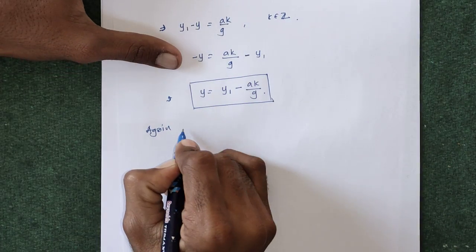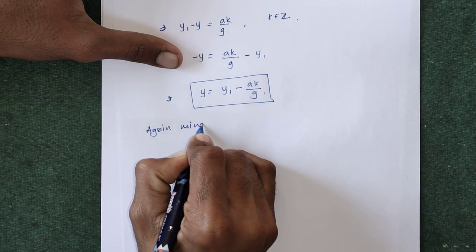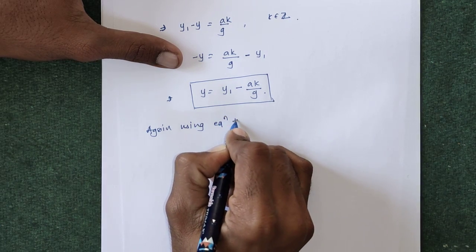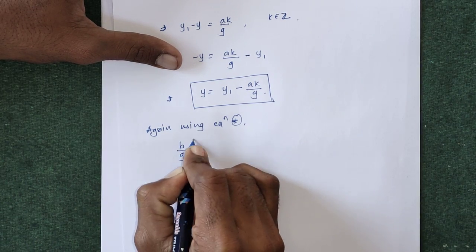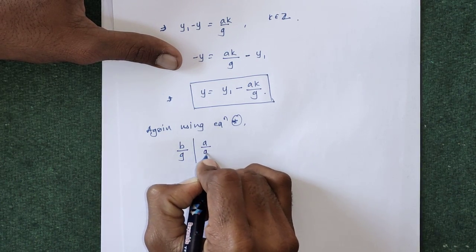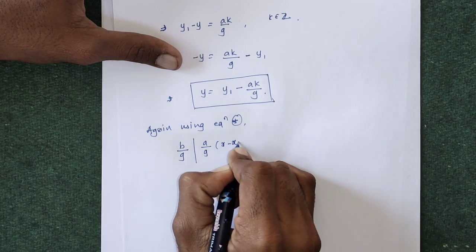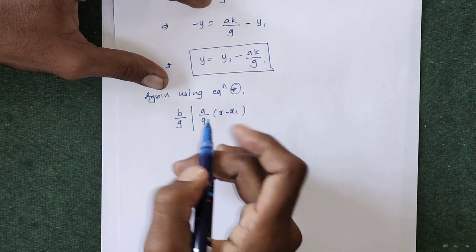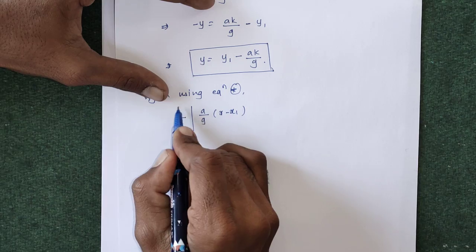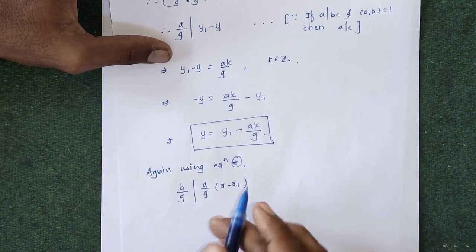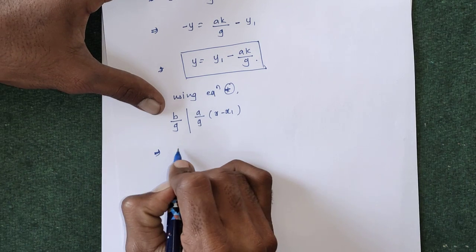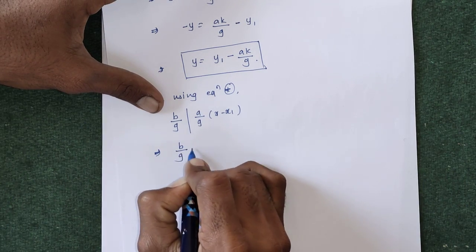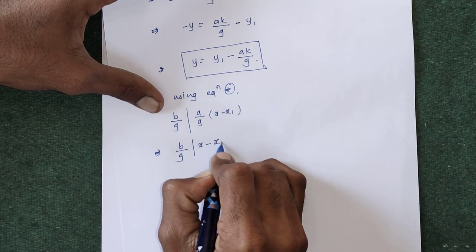Again using equation number star, we can write b upon g divides a upon g into x minus x1. Again the GCD of a upon g and b upon g is equal to 1, as we have seen earlier. So we can write b upon g divides x minus x1.